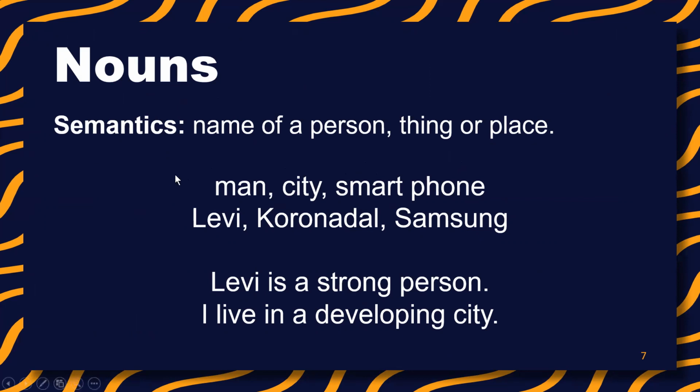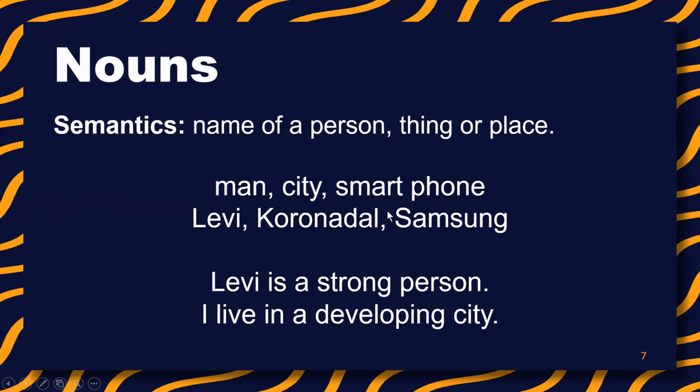We have different categories for nouns as well: proper nouns and common nouns. The first line of examples, man, city, smartphone, are common nouns, which are general. The second line of examples are what we call proper nouns, the specific name of a person, a thing, or a place. Like Levi, which is the name of a man, and Coronadal, the name of a city.